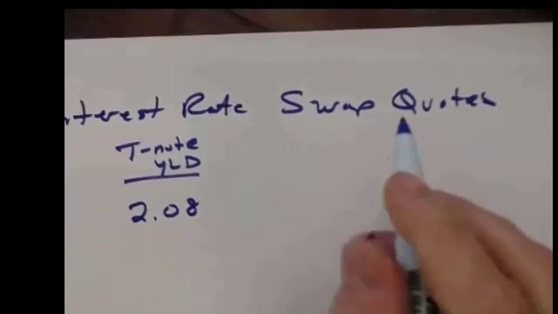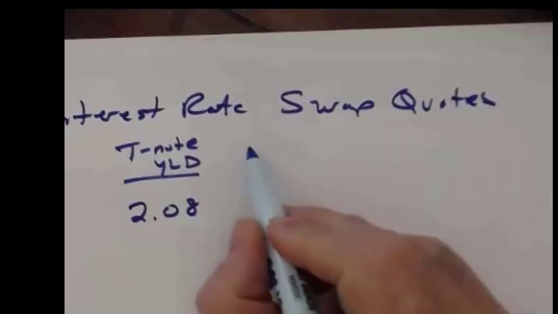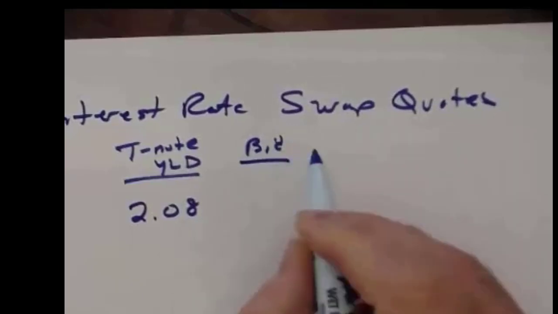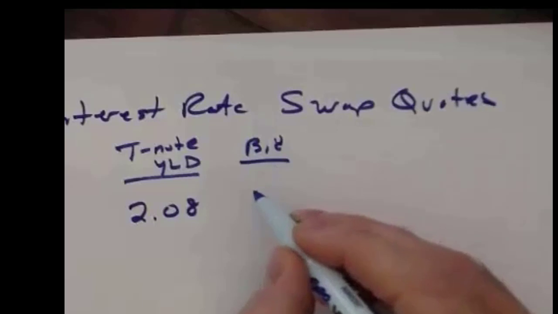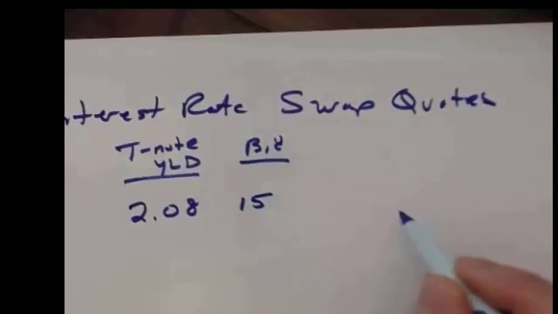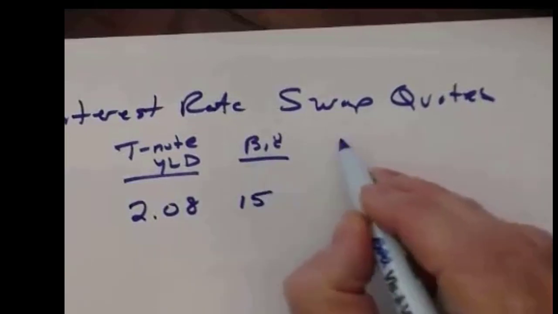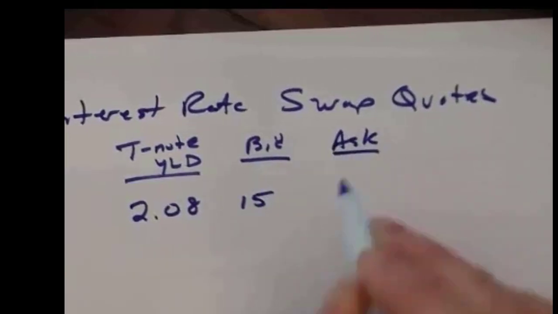2.8%. You could have a bid price for a swap in terms of basis points, and it could be 19 basis points. And so keep in mind, you could also have an asking price, because on these swaps there are dealers.